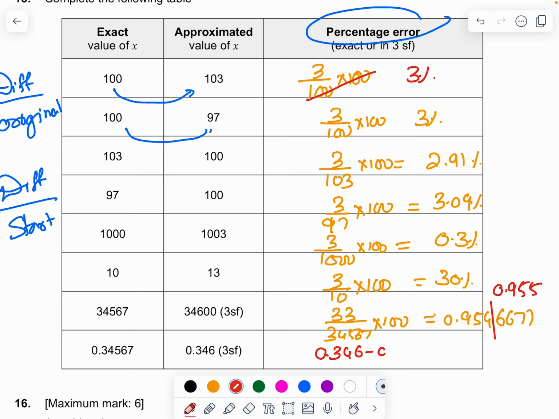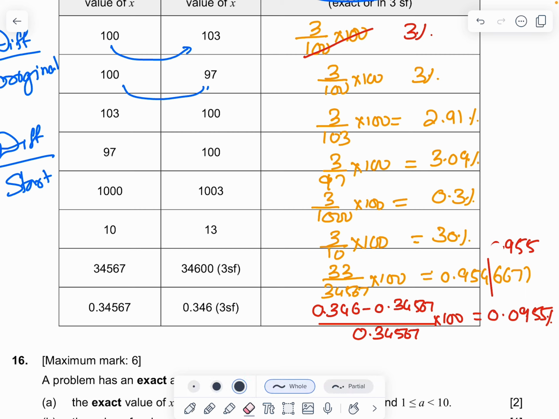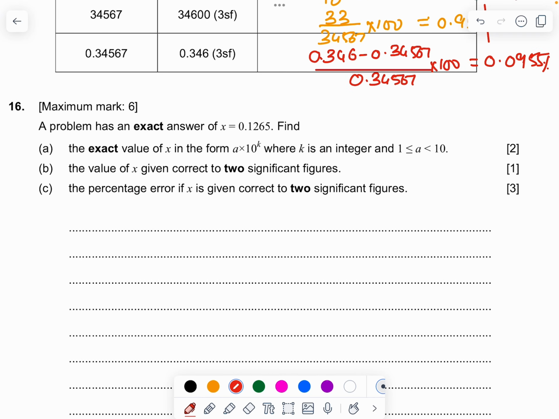Let me write it out so that it is easy for you. Difference divided by the original value, 0.34567, times 100. Same answer you are going to get, 0.0955%. Question number 16. The exact value of x in the standard form.